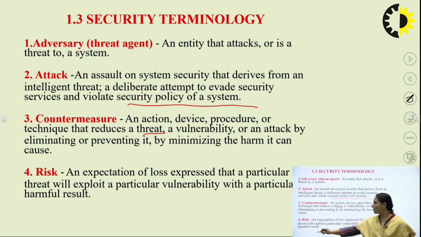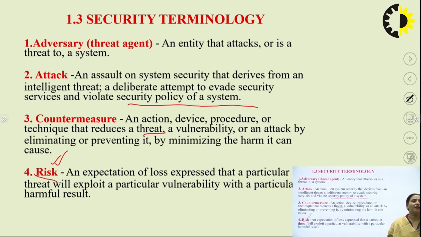Now, the next term which comes into the scenario is risk. Again, a very, very important term in CSS. What is risk? An expectation of loss, expressed as the likelihood that a particular threat will exploit a particular vulnerability with a particular harmful result, right? And again, we don't want any type of risk in our system.